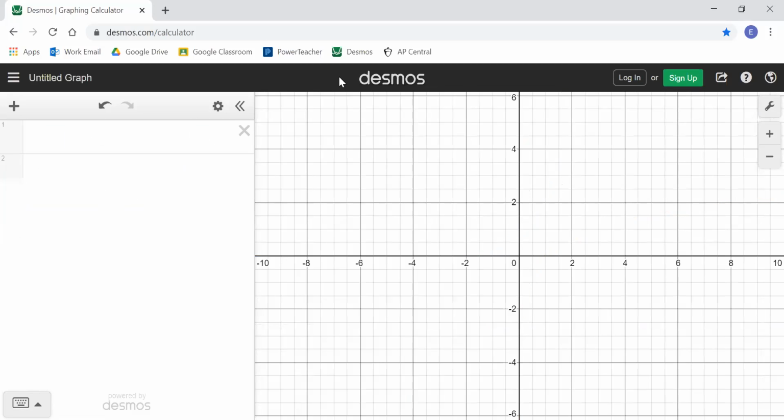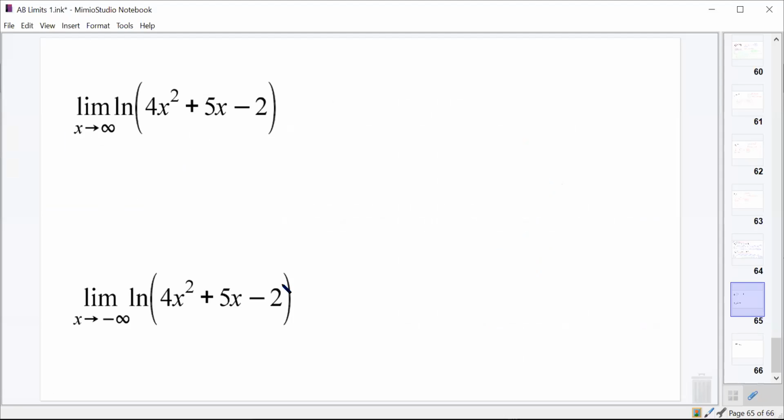All right. Cool. So if I could just turn these into natural log of u, let's say, it should make for pretty easy limits. If u is 4x squared plus 5x minus 2, as x approaches infinity, what does u approach?